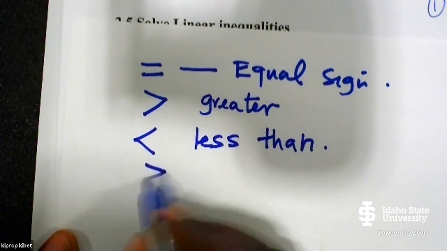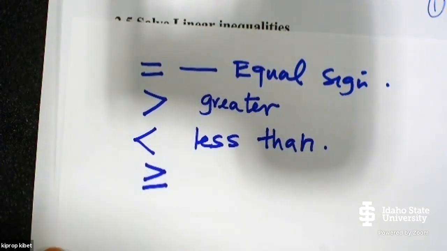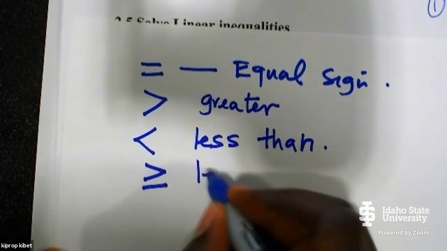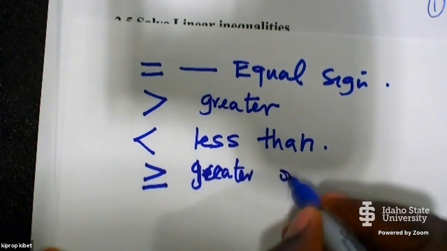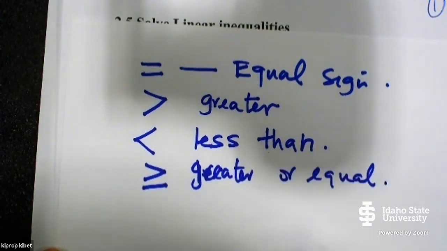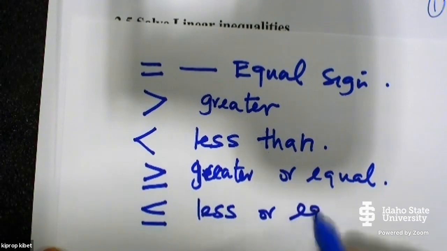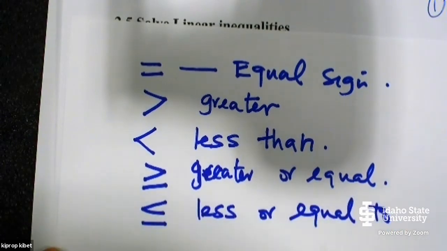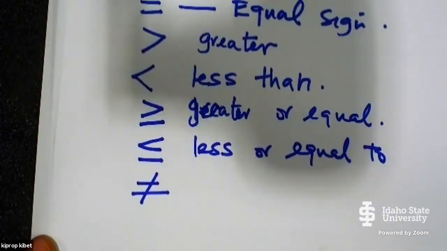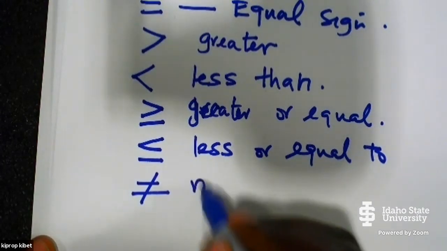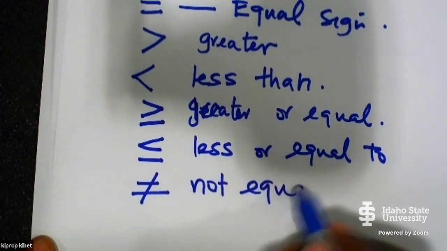Then we have also this, which we can say is greater or equal to. And then we have that one, which is less or equal to. Then at some point, we can have that, which you can say is not equal. Okay?